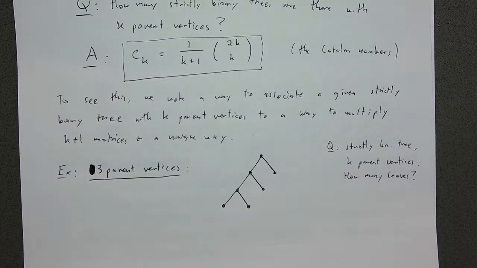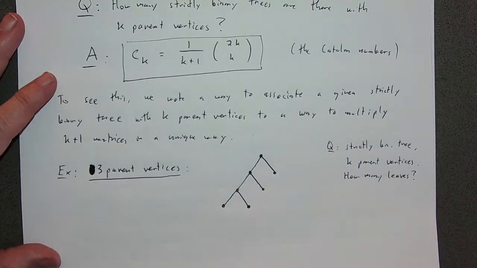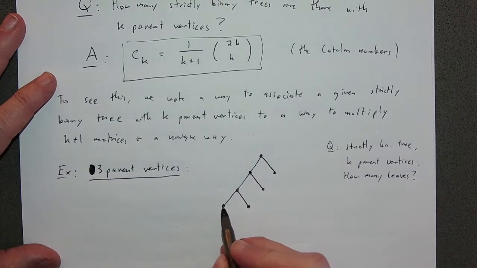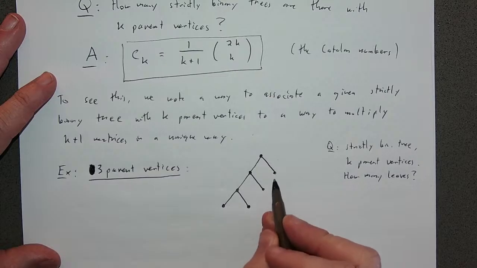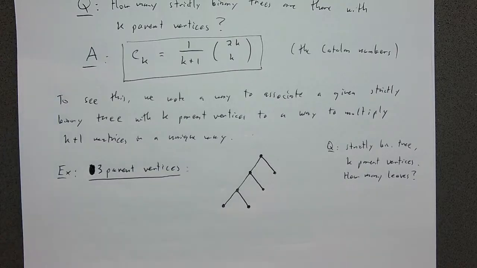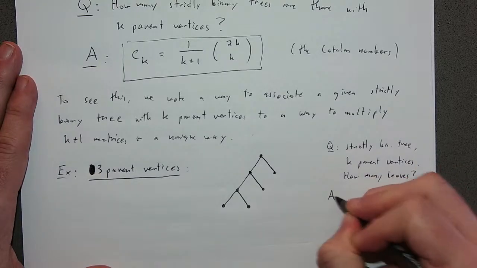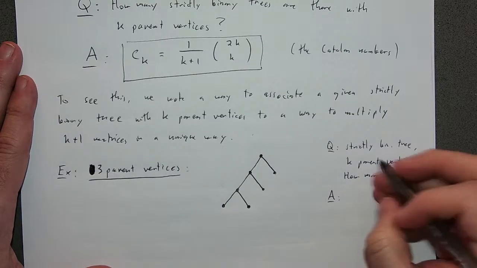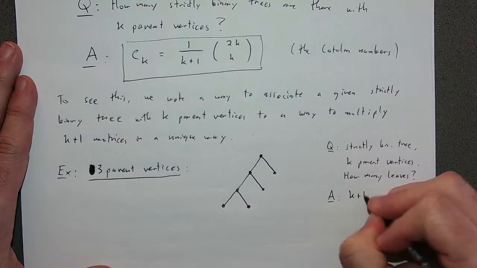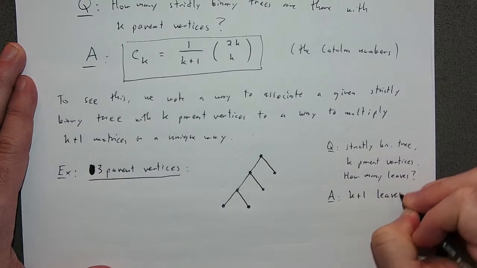How many leaves do I have? Here's one with 3 parent vertices. I have 1, 2, 3, 4 leaves. I wonder if that's always going to be the case, though. Well, it is, in fact. This is k plus 1 leaves.